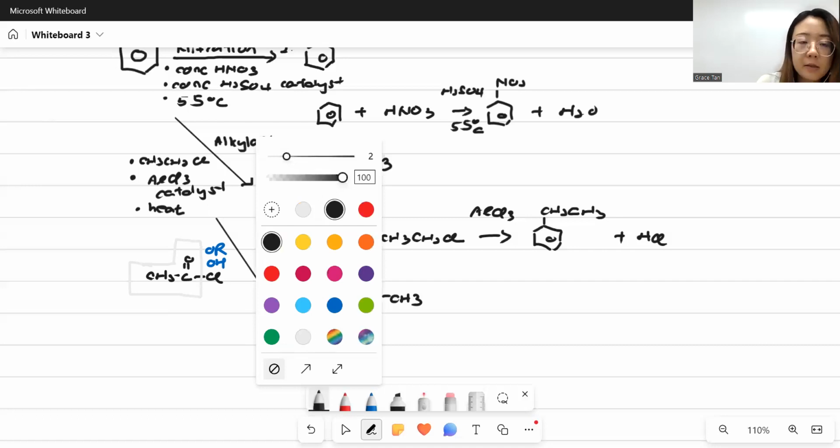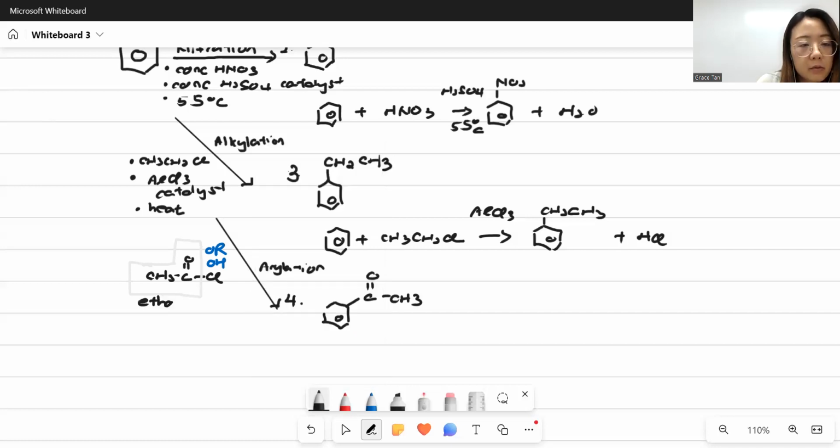Now, for acylation, what do you need? You need an acyl chloride, which is known as ethanoyl chloride. And then you need AlCl3 catalyst and heat.